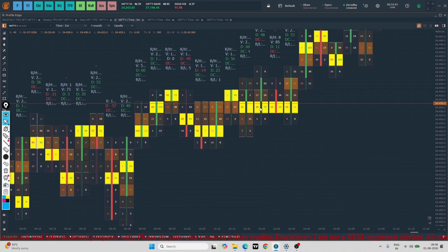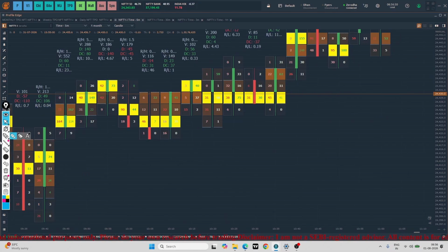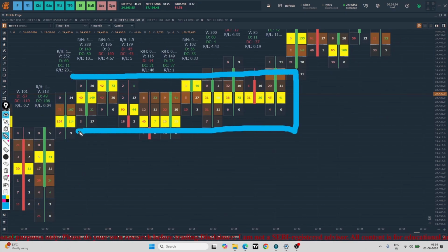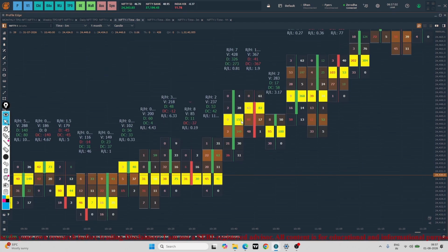So I have taken it at 11:45. What gave me confidence was exactly this area, where all the POCs are in the same place. When it broke, it broke with a high volume, 155 lot, 149 lot. On the selling side, nothing is there. The people are very low. This was the thought I got, so I have taken the trade exactly in this place.